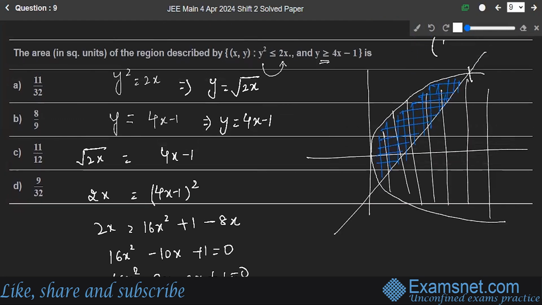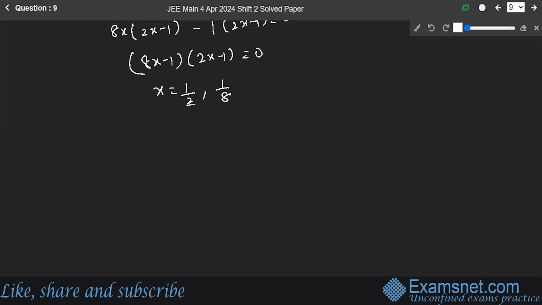So this is 1 by 2 and this point is 1 by 8. Now let's find the corresponding value of y for both of them using y equal to 4x minus 1. When x is 1 by 2, y will be 4 into 1 by 2 minus 1, which is equal to 1.